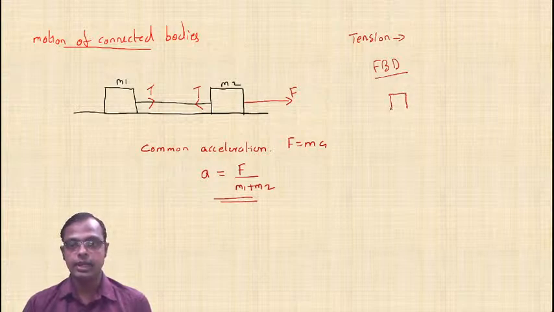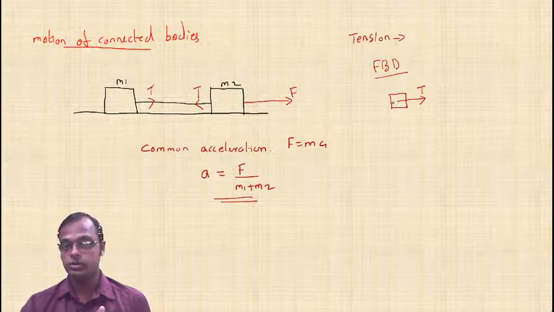Take M1 alone just for explanation purposes. What forces are acting on M1 now, in the same picture? There is a force acting towards the right, that is the tension. And here we are not considering friction. In all these cases we are discussing, there is no friction present.